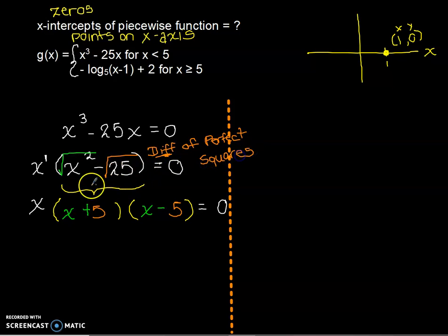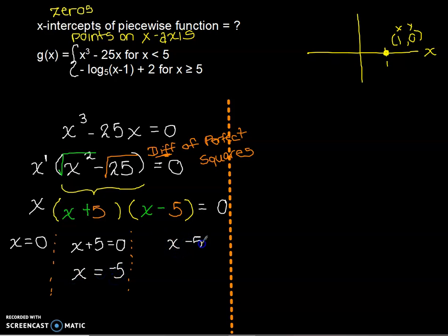If you FOIL or distribute it, it'll bring you right back up to x squared minus 25, which shows that your factoring is correct. Now, from here, it's factored, the other side is 0, which means we can just set each of our factors equal to 0. So if I set x plus 5 equal to 0, I'll subtract 5 on both sides, and I'll get x equals negative 5.